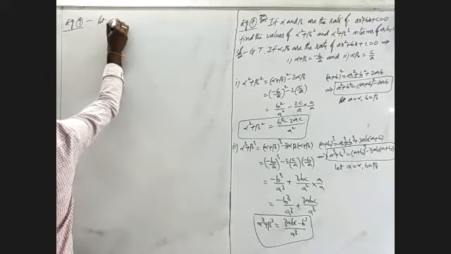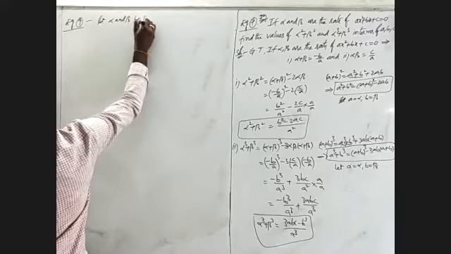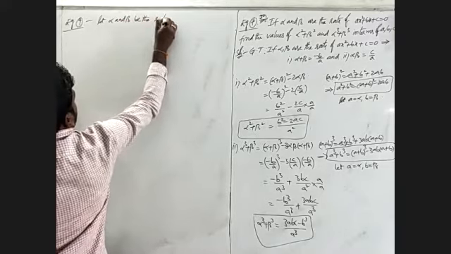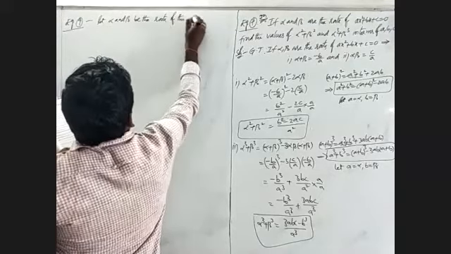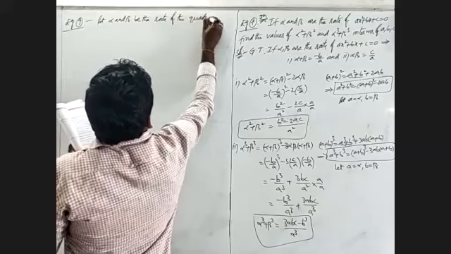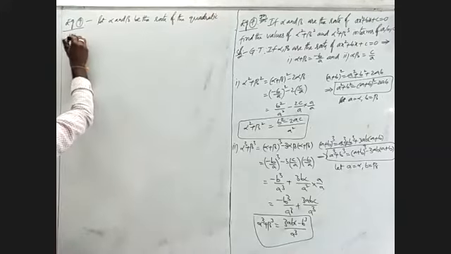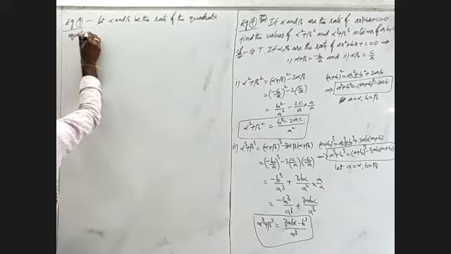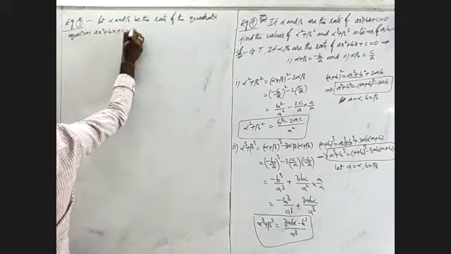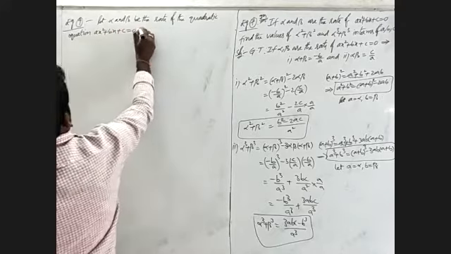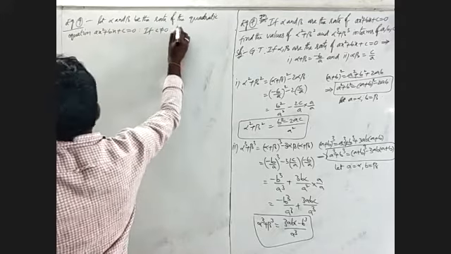Let alpha and beta be the roots of the quadratic equation ax square plus bx plus c equal to 0, if c does not equal to 0.